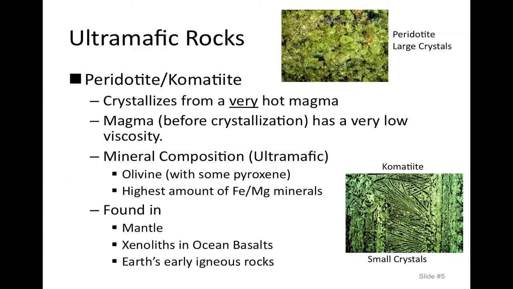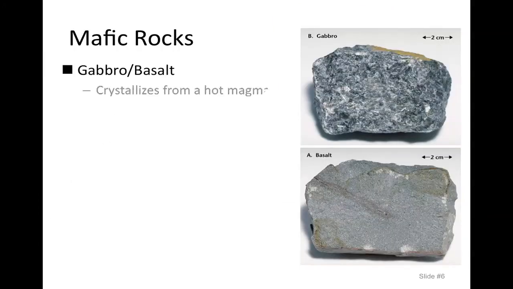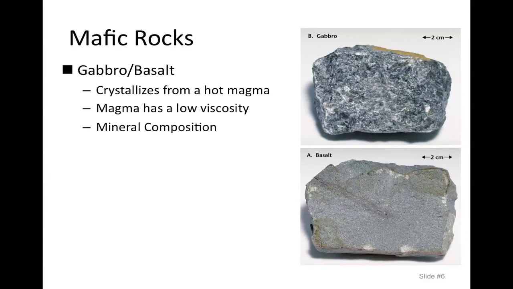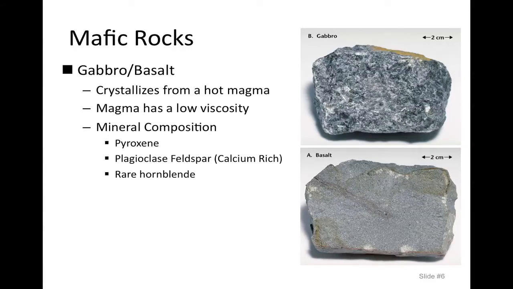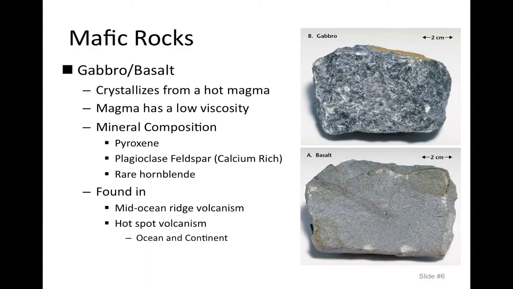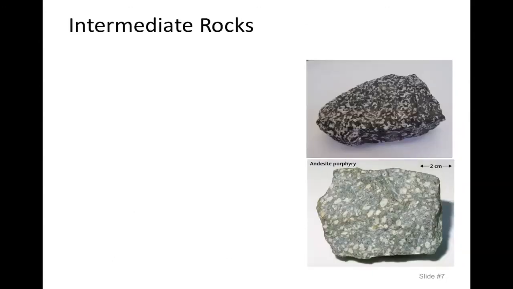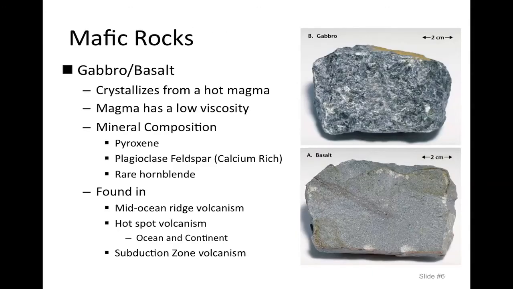All right, so let's go ahead now and go to the next slide and talk about the mafic rocks. So mafic rocks are called gabbro and basalt, gabbro being the large crystal variety and basalt being the small crystal variety. And basically here's what gabbro looks like, here's what basalt looks like.